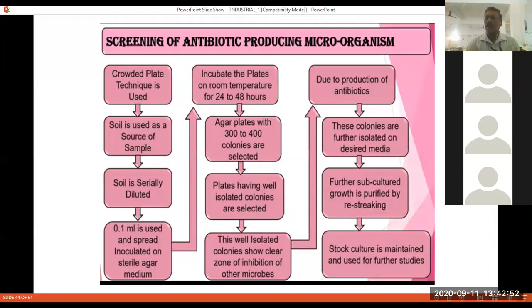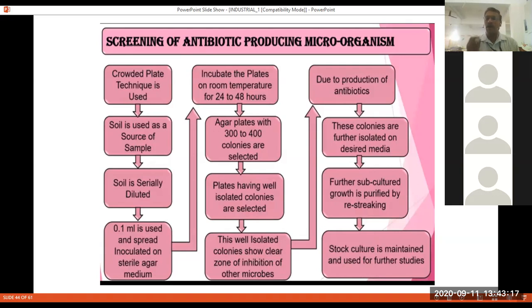So there is primary screening as well as secondary screening. Now inside primary screening, one of the methods plays a crucial role in all the aspects, and that technique we call the crowded plate technique.